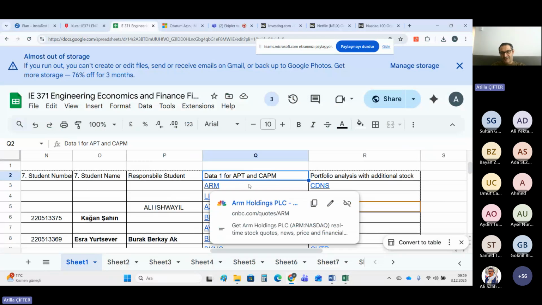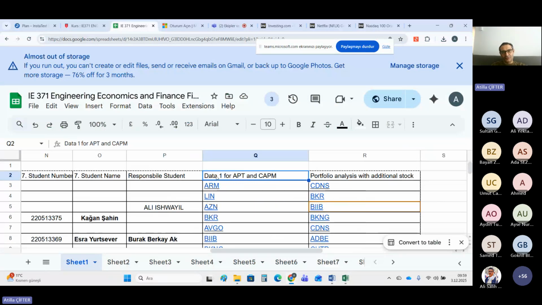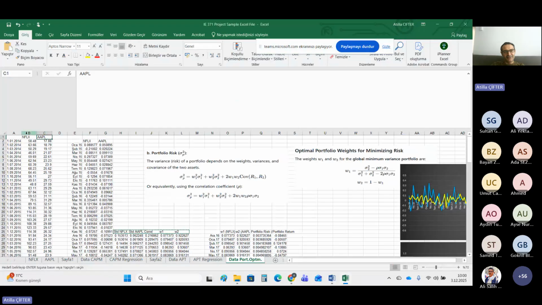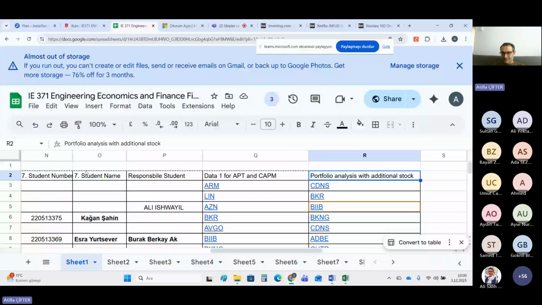You can look at the online spreadsheet that I sent, data one for arbitrage pricing theory and CAPM. Portfolio analysis with an additional stock means you will take the first and second one, both of them. Then replace them with your own stocks you already selected from the spreadsheet.